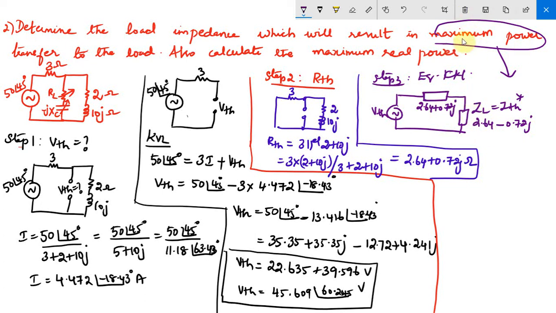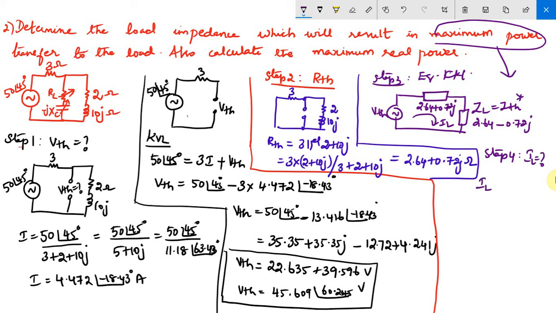For maximum power transfer in an AC circuit, the condition is that the load impedance should be equal to the complex conjugate of the Thevenin's impedance. So what is the complex conjugate? 2.64 minus 0.72J. You have to put a minus sign for the imaginary part. So this is the equivalent circuit. Now find out the load current from this. That will be your step 4, finding out the load current.